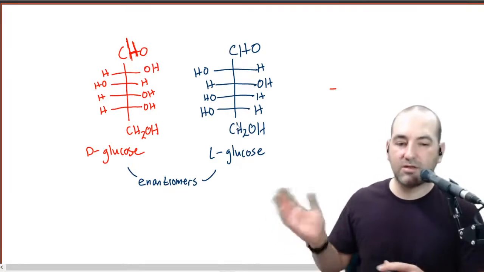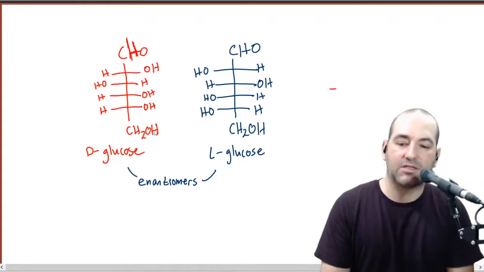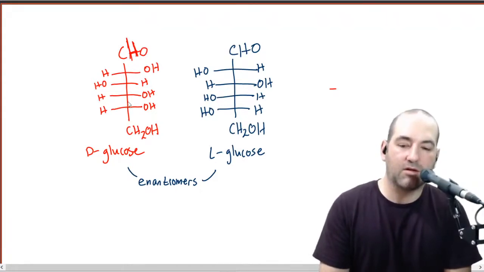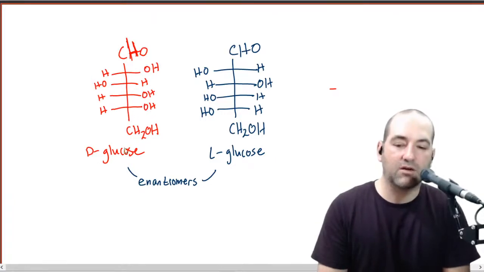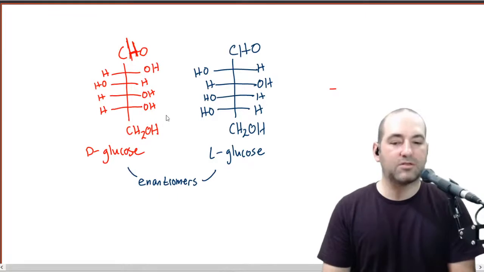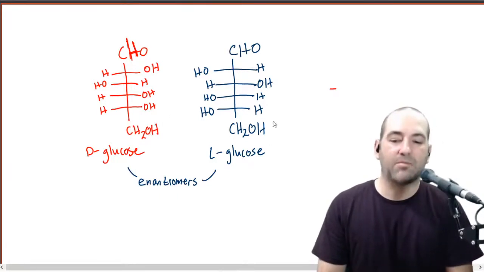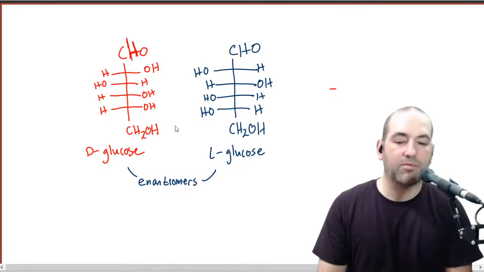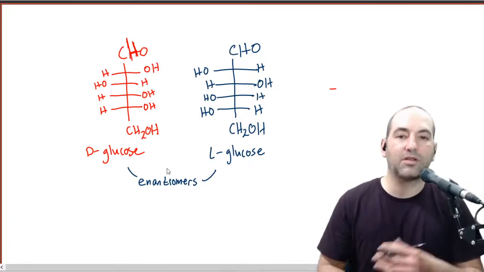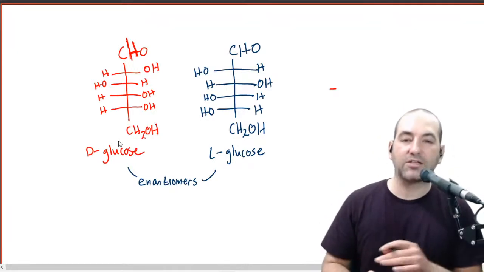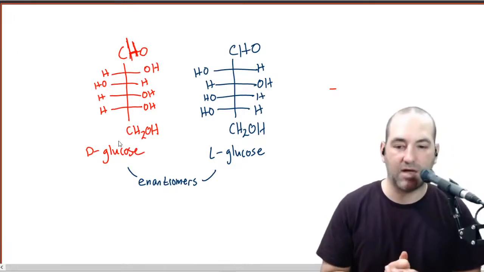The reason I do this separately is a common mistake: we know that the bottom stereo center gives us our D or L, so sometimes there's a temptation to just switch the bottom one if we want to draw the L sugar. But we have to recognize that the L sugar is the complete enantiomer, the complete mirror image of the D sugar, and so all of it needs to be flipped.